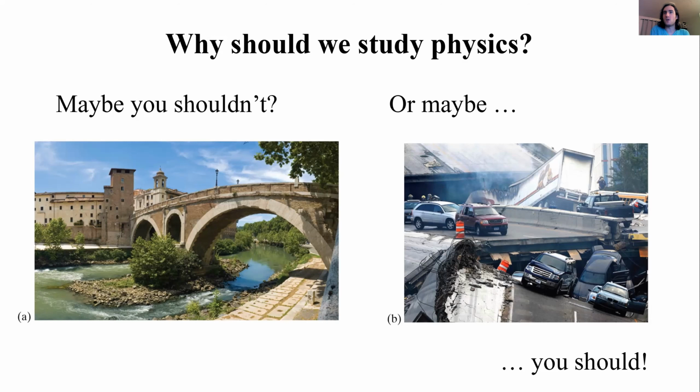There's a lot of stuff that goes on in modern engineering practices. Things are double, triple, quadruple checked all the time, but still incidents like this can happen. And so the more people that are familiar with these kinds of physics principles and calculations, the less likely it is that something like this on the right can actually happen, okay?